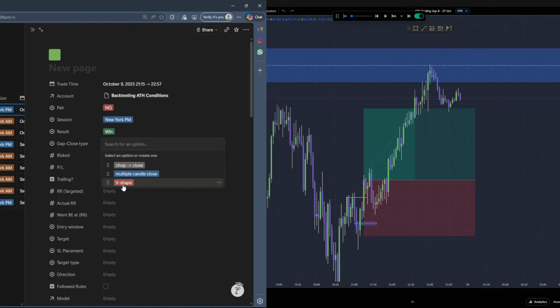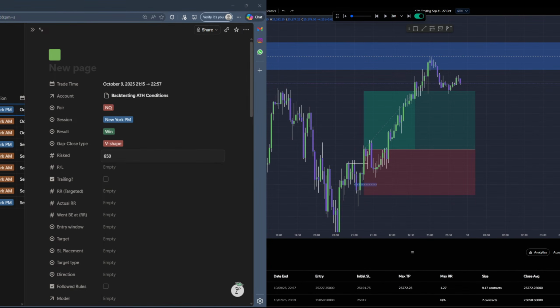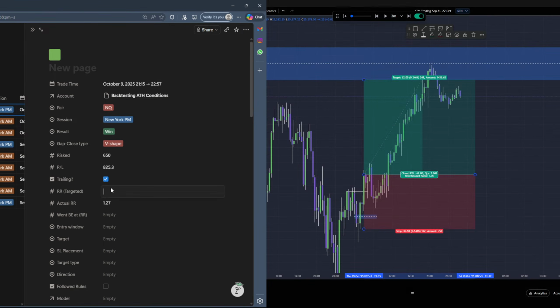The gap close was a V shape. Maybe 650 made, 825.3. Trailed. I made 1.27 and targeted 1.75.